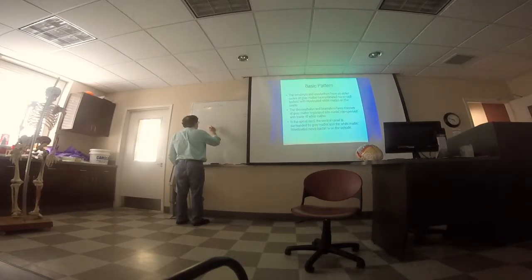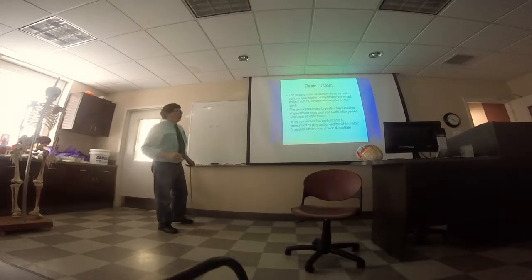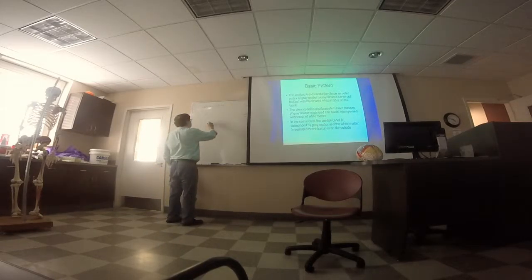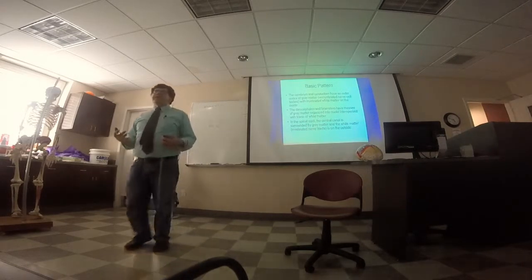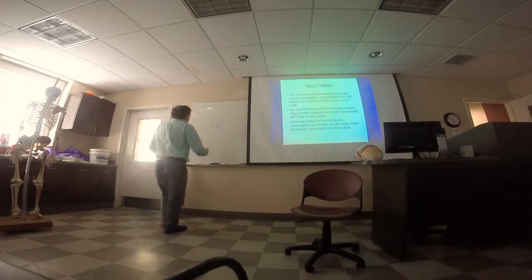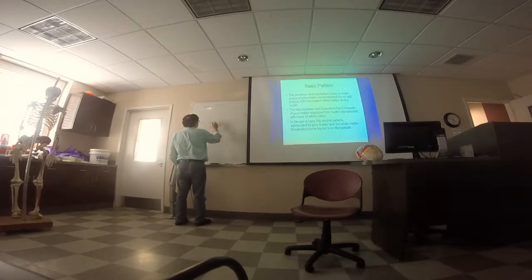And these nuclei appear gray. You might have multiple nuclei in any section of the brainstem. And then dispersed between these nuclei, you might have bands of myelinated axons, white matter.